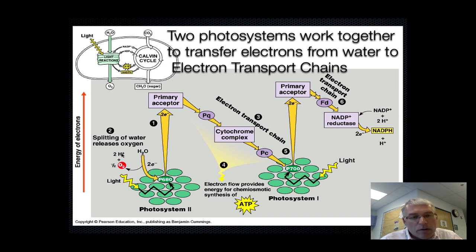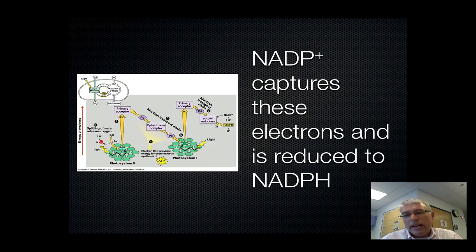A water molecule is split in a way that produces hydrogen ions and free electrons, which go into this chlorophyll molecule and replace the ones that are traveling through this pathway to NADPH. Now NADP captures these electrons and is reduced to NADPH, as you can see right here.